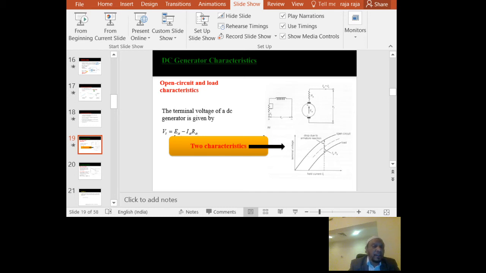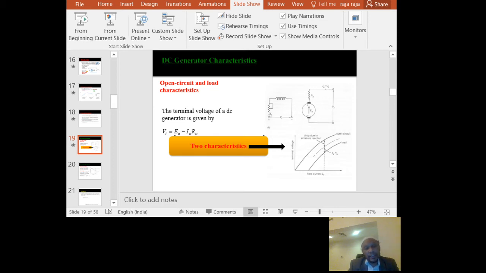The terminal voltage of the DC generator is V equals the generated EMF minus the armature resistance drop. Here the armature current Ia multiplied by the resistance Ra is a voltage drop according to Ohm's law, V equals IR. We subtract that drop from the original EMF, and the remaining amount we get at the output side.